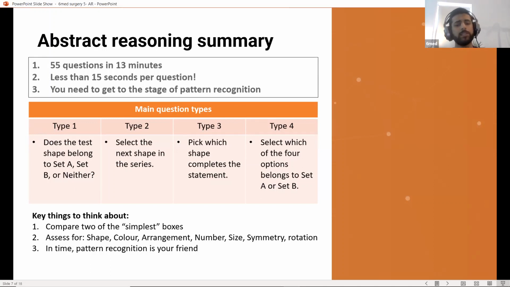And then there's normally the acronym SCANS, which is shape, color, arrangement, number, and size. I've also added in symmetry and rotation because I think those are super important as well. This is something that, as I said, if you struggle with this section a bit more, you can literally commit this to memory and go through it in a sequence when you're practicing.